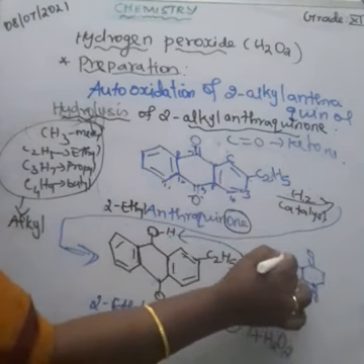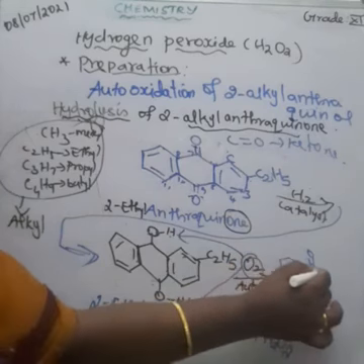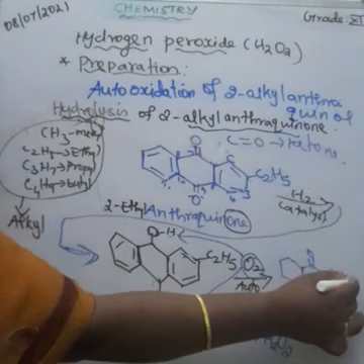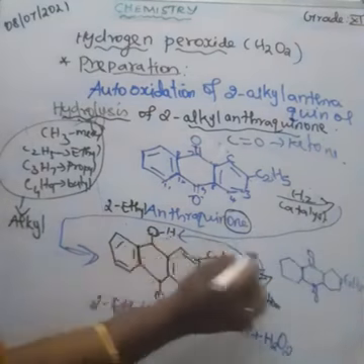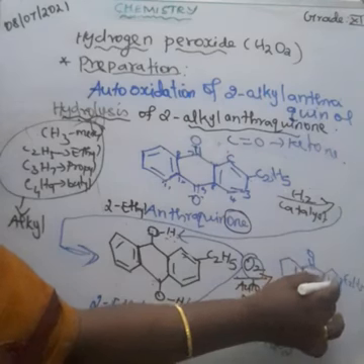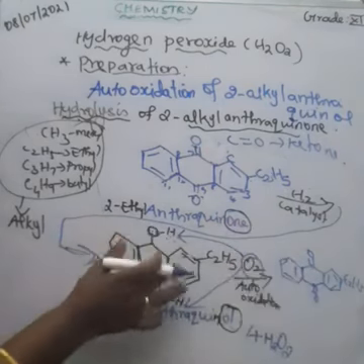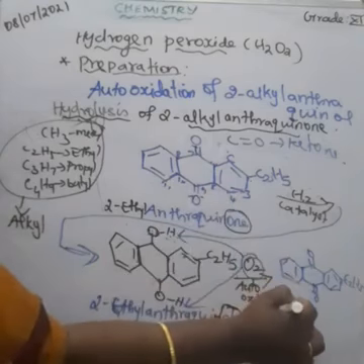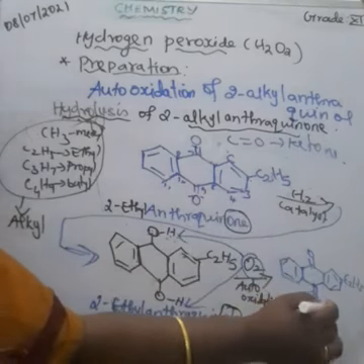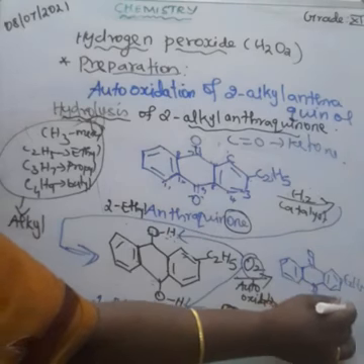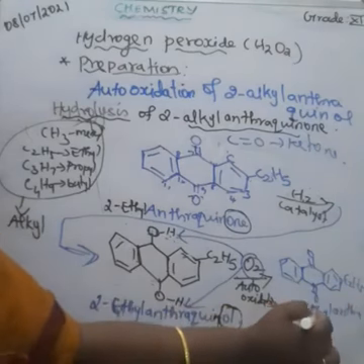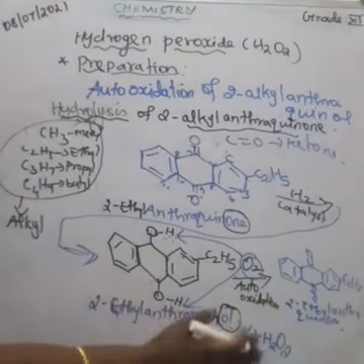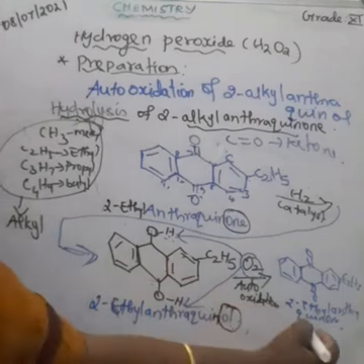So by auto-oxidation of 2-ethyl anthraquinol, when removing the hydrogen atoms, we get hydrogen peroxide, and also we get the first reactant, 2-ethyl anthraquinone, back as the product.